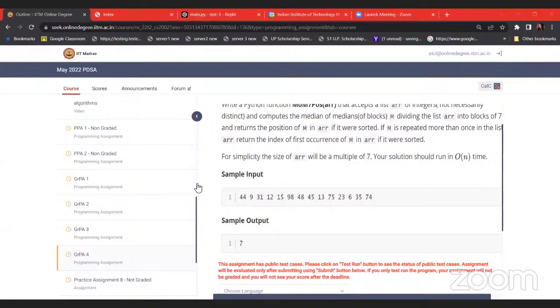Currently in the private test cases, you cannot see the reason why your test case is failing. So what we can do, we will ask the operational team, because this cannot be changed immediately. Okay.